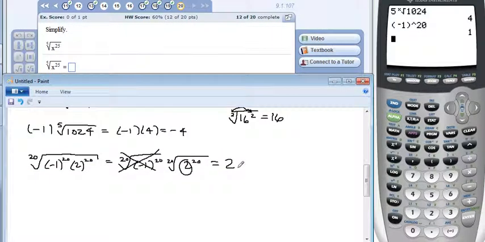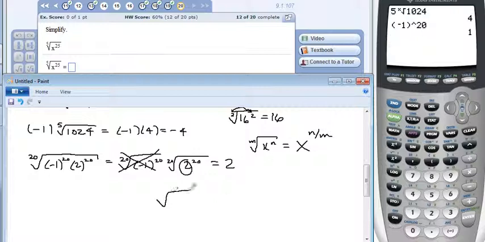All right, and then this last one, we're going to use our rule that x to the n over m is equal to the mth root of x to the n. All right? These are identical. This is a rule that says if you have a radicand with a power and an index, you can also convert it over to an exponential.